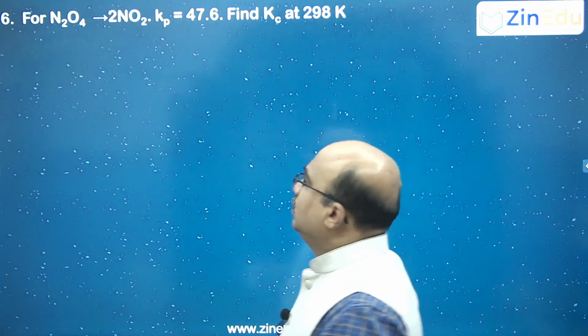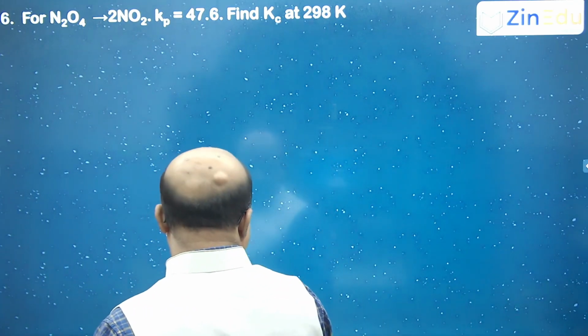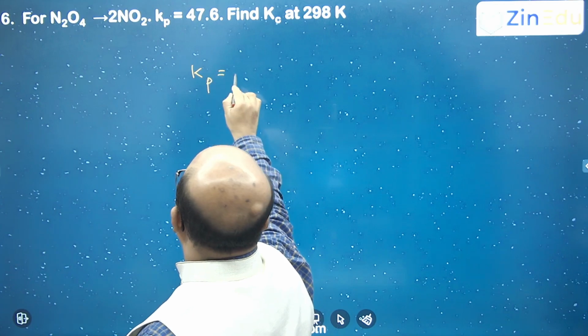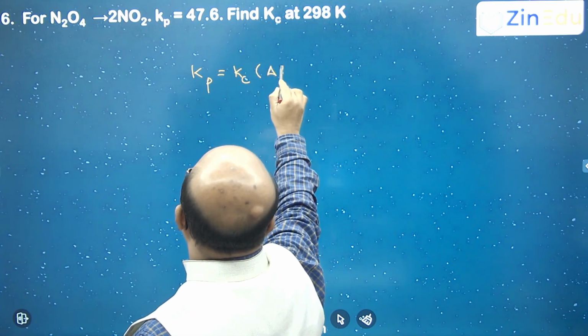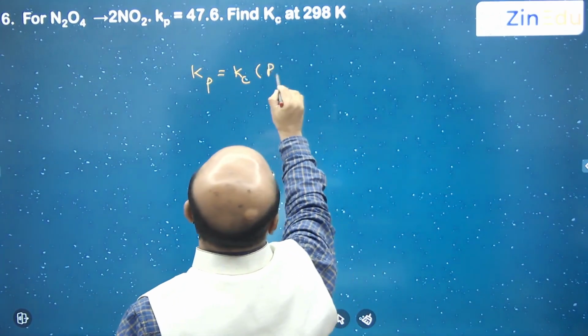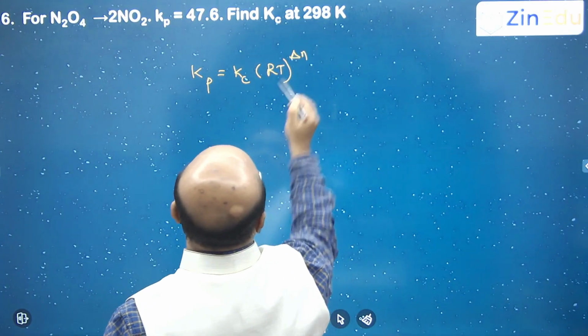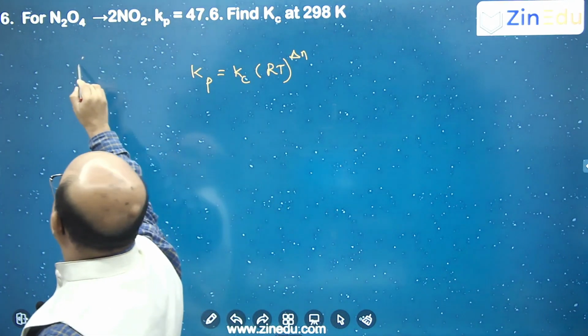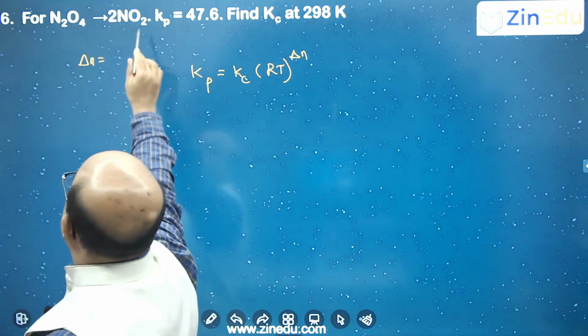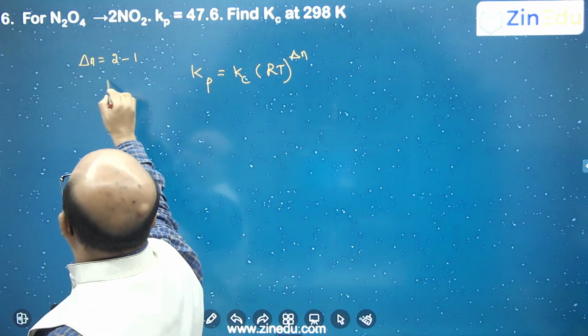For N2O4 in equilibrium with 2NO2, the Kp value is given. Find the Kc value. Kp is equal to Kc into RT to the power of delta n. For this reaction, both are gaseous components, so delta n is 2 minus 1, that is 1.